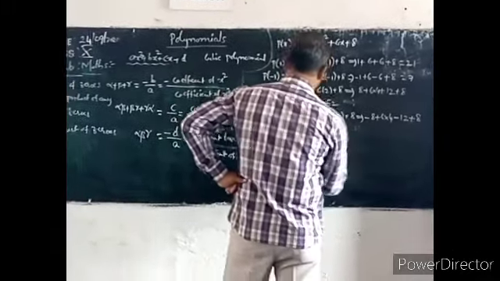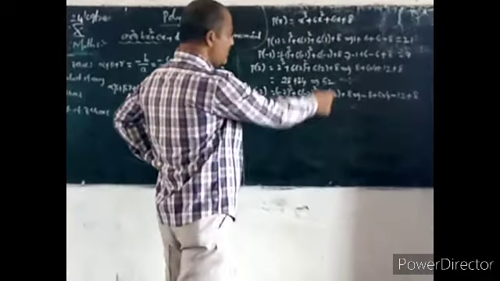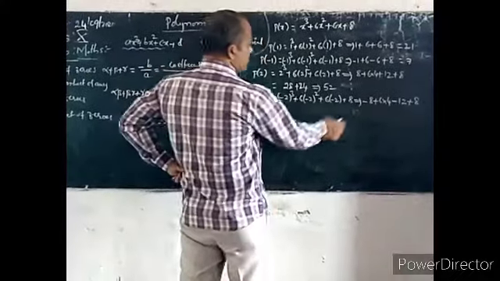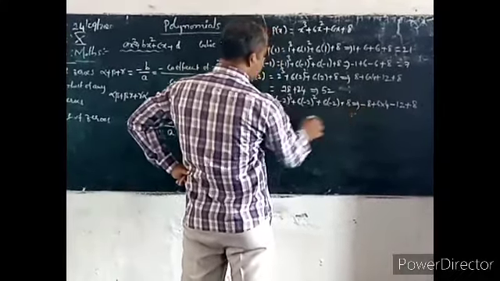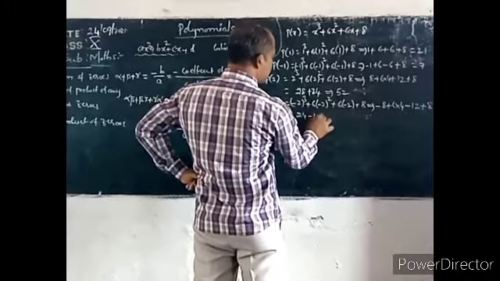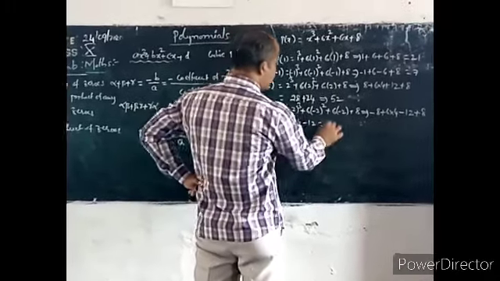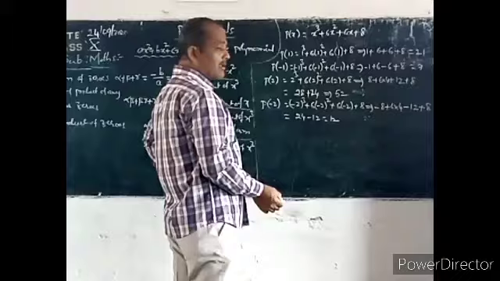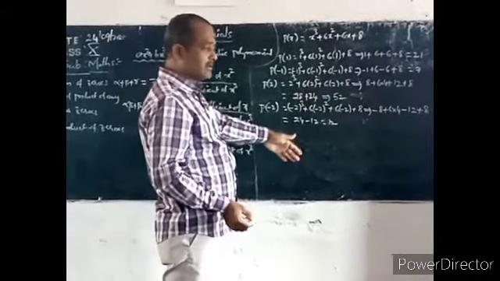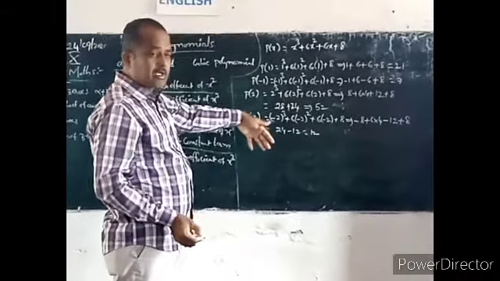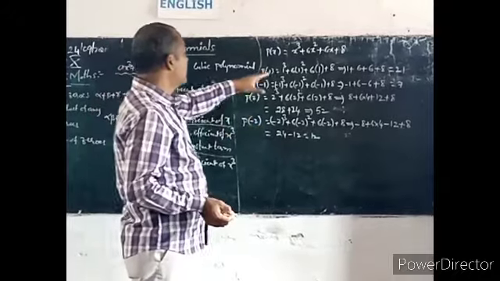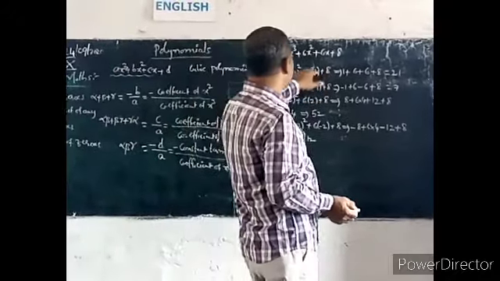How much do you get now? Minus 8 plus 8 is 0. 24 minus 12, how much is it? 12. Until you get 0 you have to solve this. But we are not getting zero, I think.